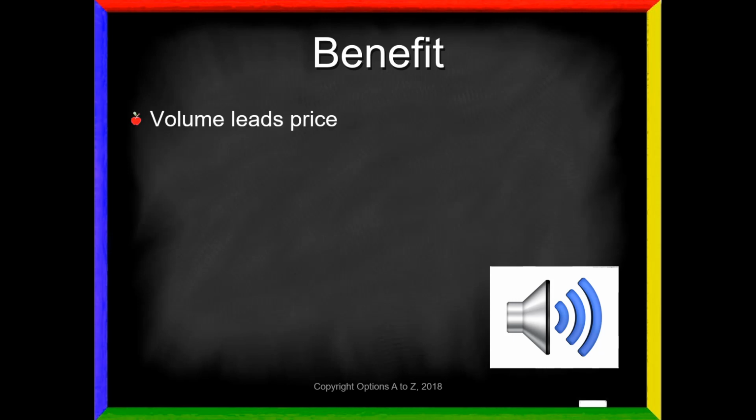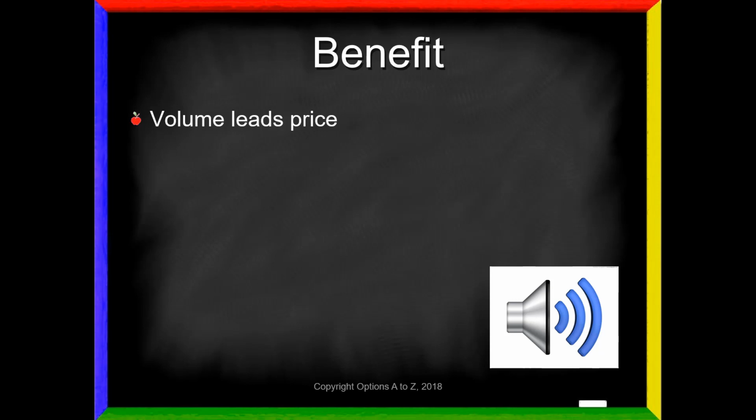And most of you know that volume leads price. In other words, if you see that a stock is having a really big up day, or a really big down day for that matter, you can be sure that there's a lot of volume behind that. It takes a lot of traders jumping in to buy or sell to move the price. It's not the reverse. We don't see a big price and say, hey, because the price is up, everybody decided to jump in and buy.